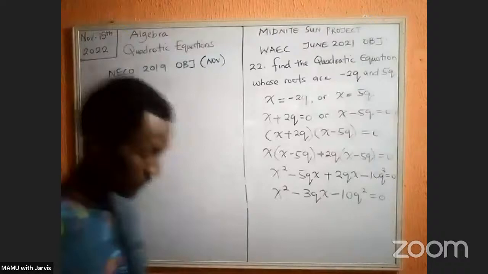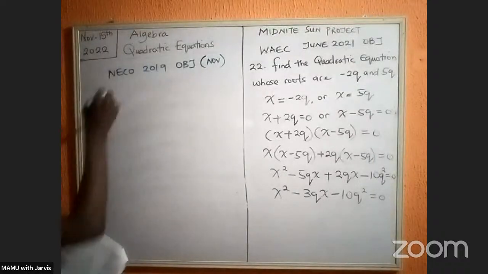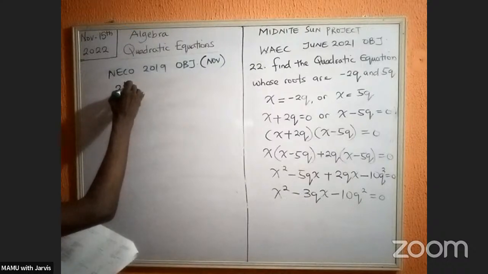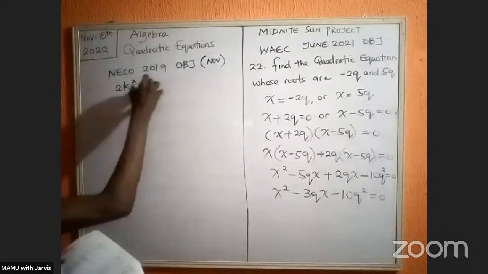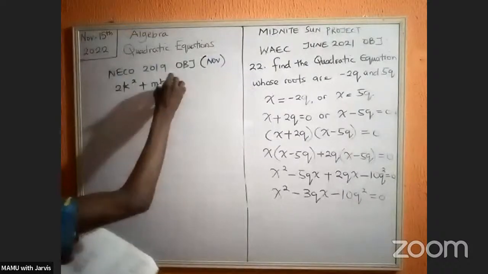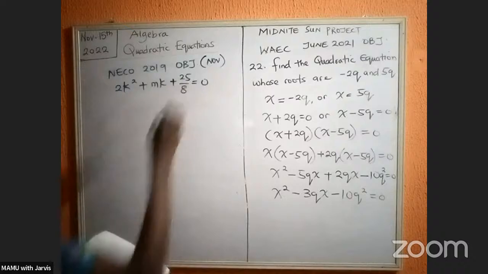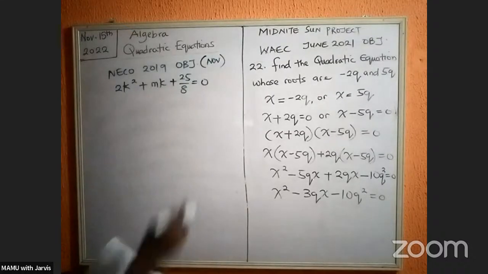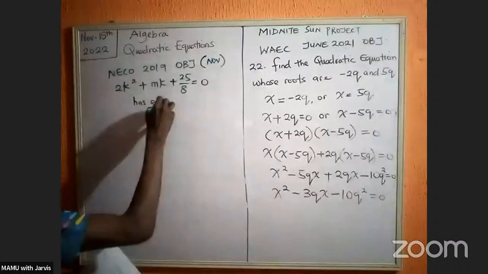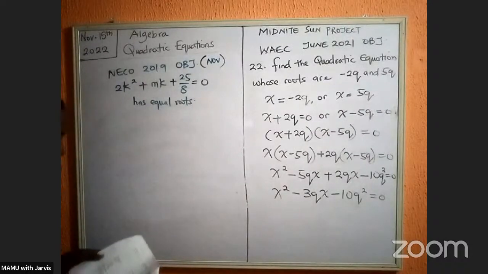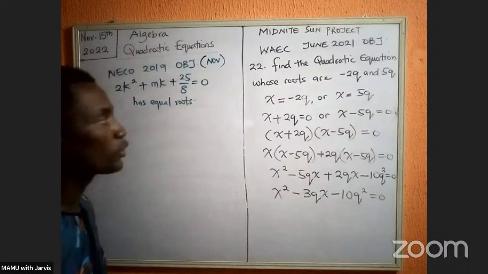It says that if 2k squared plus mk plus 25 over 8 equal to 0 has equal roots. Has what? Equal roots. Find the positive value of m.